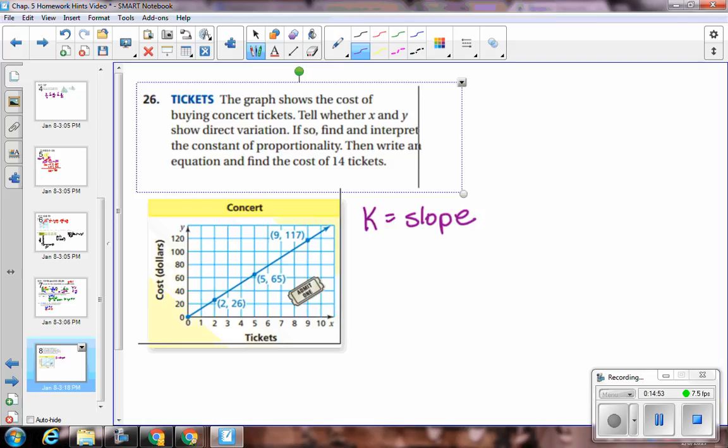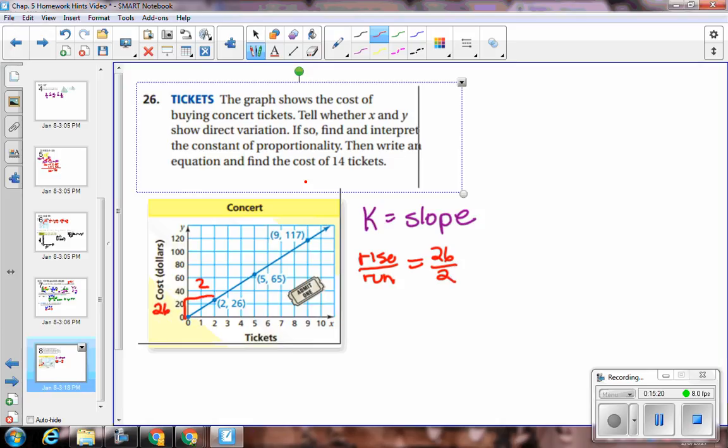A very easy pair of numbers to do this with would be 0, 0, and the first point, because we can get the rise of 26 when the run is 2. So our rise over our run would be 26 over 2. And now I'm going to go right ahead and label my units.